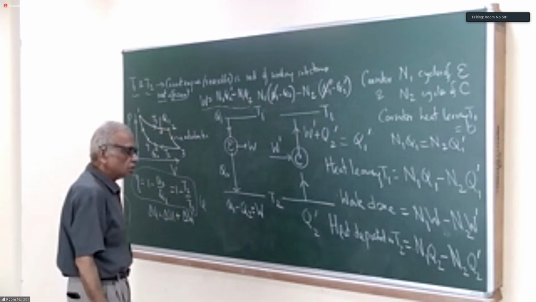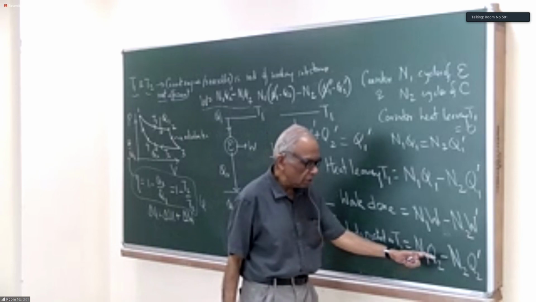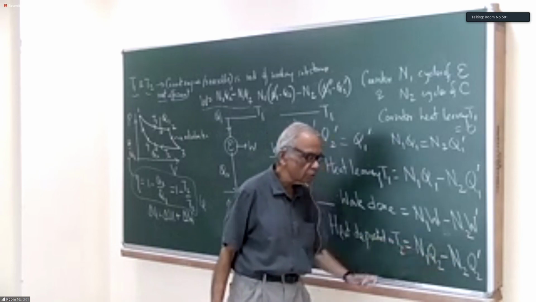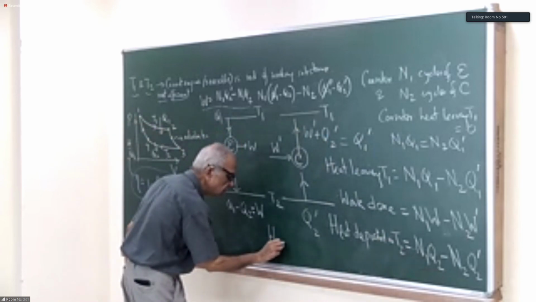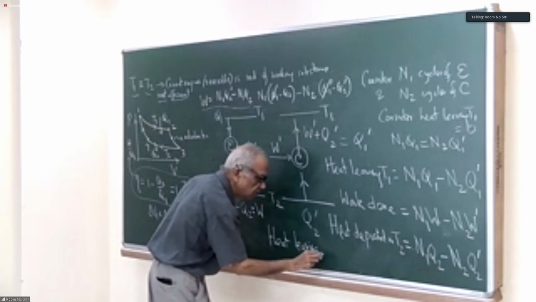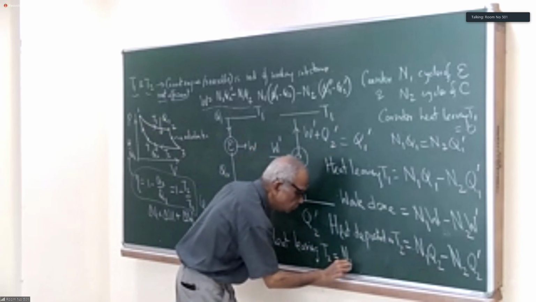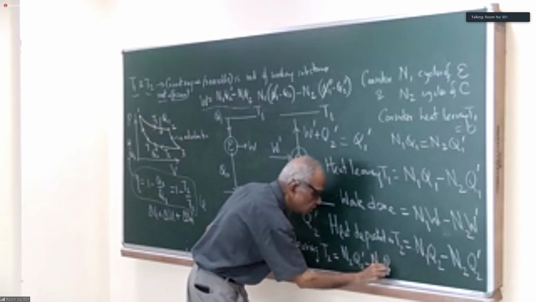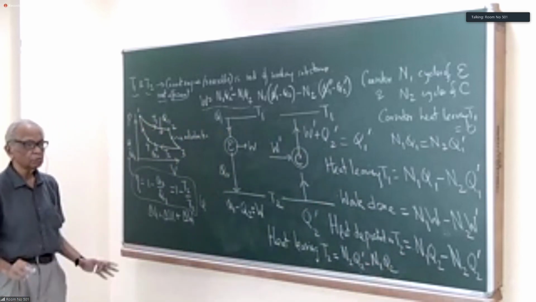Now notice the heat deposited in T2 is N1 Q2 minus N2 Q2 prime. Therefore, heat leaving T2 is equal to N2 Q2 prime minus N1 Q2. So that is the heat leaving Q2.